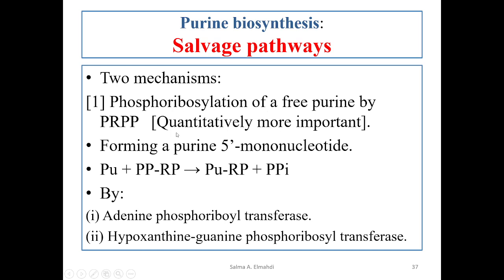Quantitatively, this type of salvage reaction is the most important one. It will form a purine 5' mononucleotide. So the phosphate group will be at position 5' of the sugar.